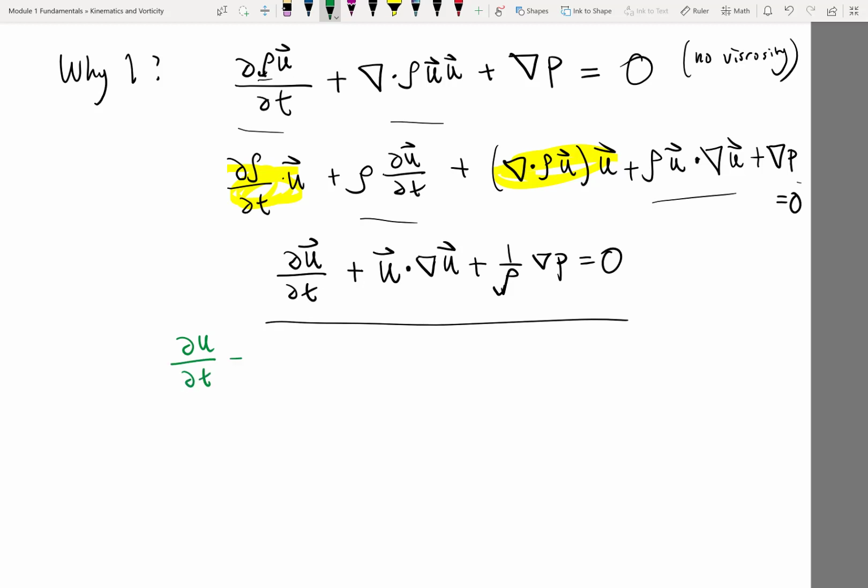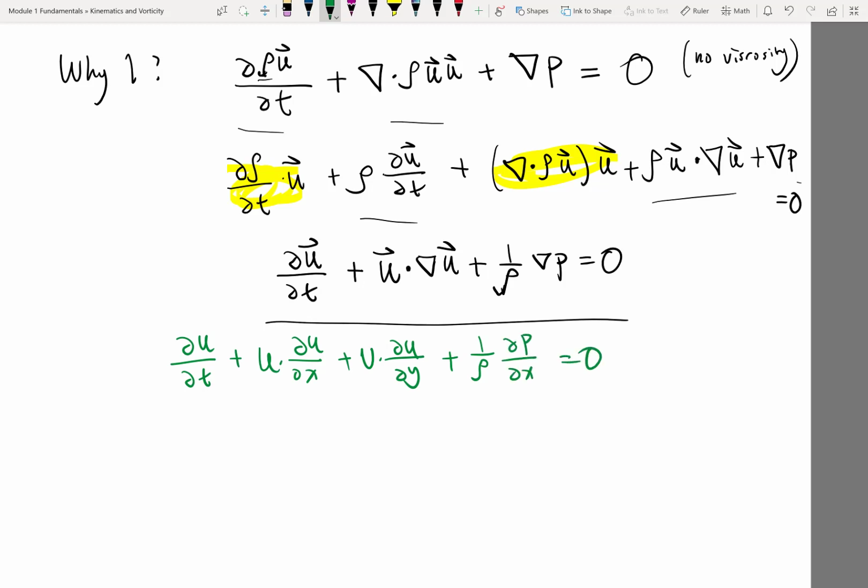So one is du dt plus u times d dx of u plus v times du dy. This is what we mean by u dot with the gradient. The gradient can be written as d dx and d dy as a vector, so u times d dx plus v times d dy is what we mean by u dot with the gradient. And that is plus 1 over rho times dp dx is equal to 0.